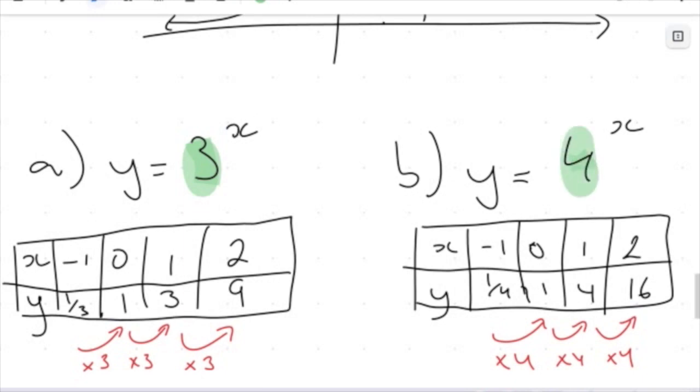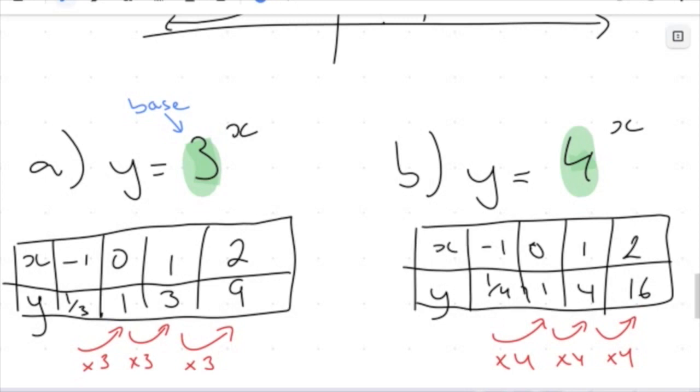And here it quadruples. You can try this for a bunch of different base values. Just remember, for some housekeeping, this is our base number, and we have our exponent up here. But the change in y is relative to the base number.